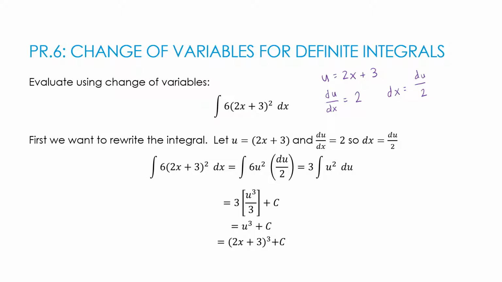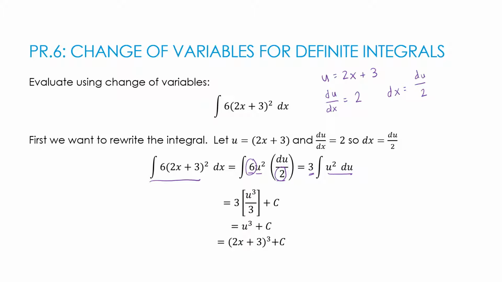So now I'm just going to plug stuff back in. Here's my original function. I'm going to say this is 6 times u squared times du over 2. The 6 and the divided by 2 turns into a 3, and I popped that to the outside. So that just gives me 3 times the integral of u squared du.